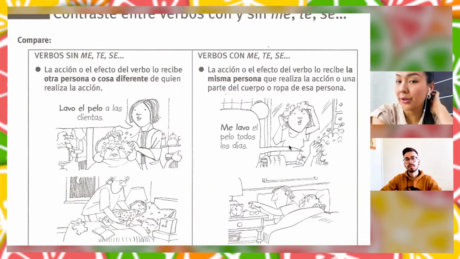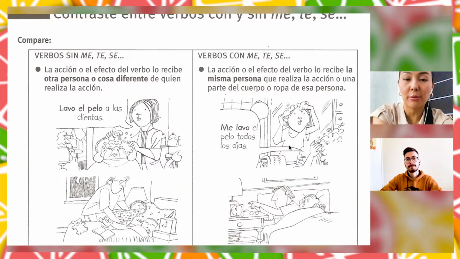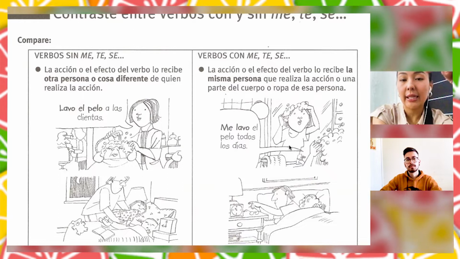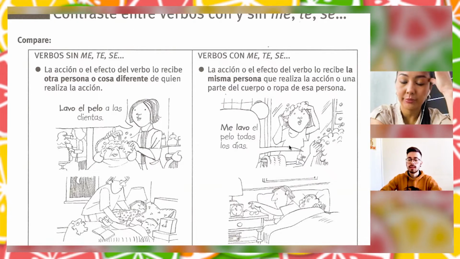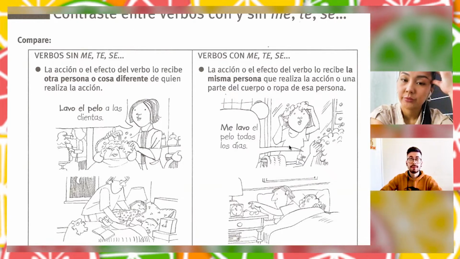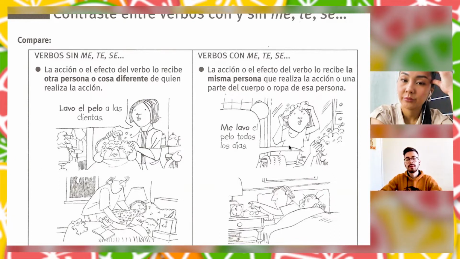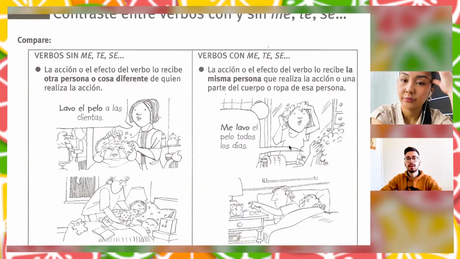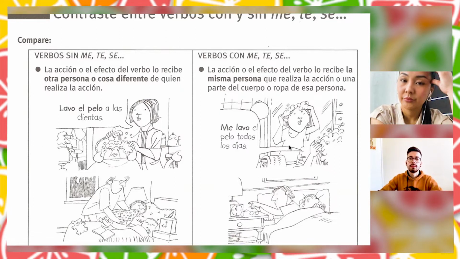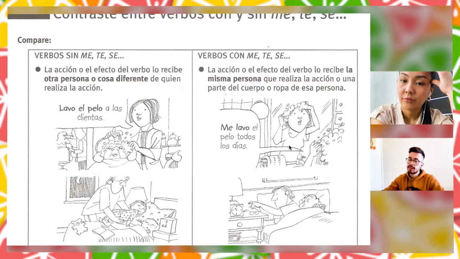And in the first example it is lavar, and here lavarse, right? Usually in Spanish, these kinds of reflexive verbs finish with se, S-E, and it shows us that it's a reflexive verb.